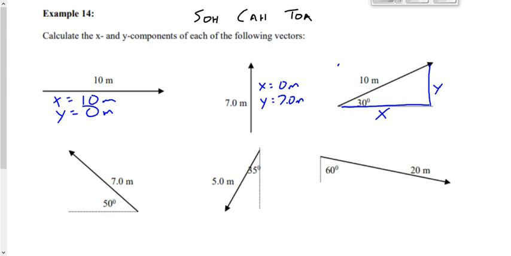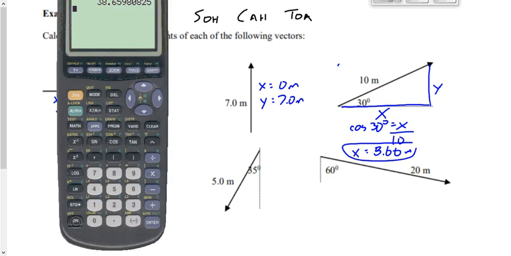It's adjacent, right? It's touching the angle, but it's not the long side, the hypotenuse, so it's the adjacent side. Which trig function goes with adjacent and hypotenuse? Cosine. So let's say cosine 30 degrees is equal to adjacent over hypotenuse. X ends up being equal to 8.66 meters.